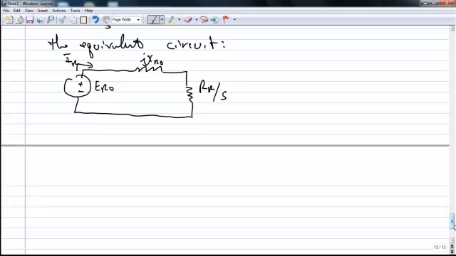We can look at the rotor current as a function of the motor speed.